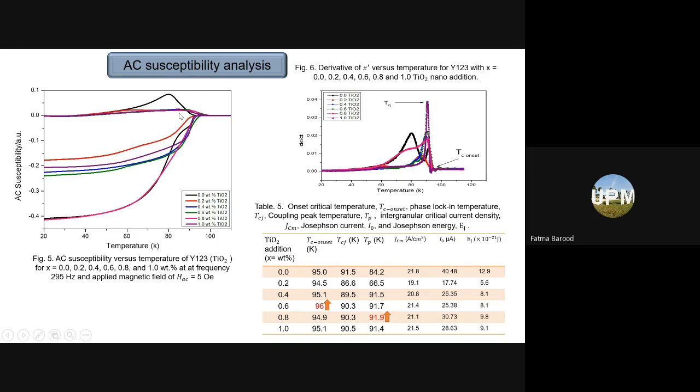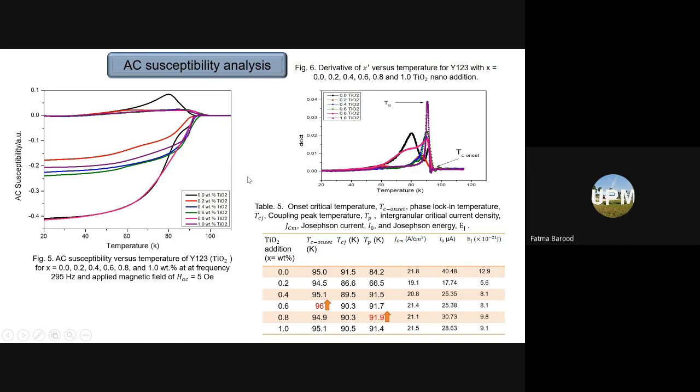From the curves, we can see the superconducting transition temperature of the grain does not change greatly with the titanium oxide addition, and the highest value was for 0.6 with 96 Kelvin. And TCG and TC onset can be determined by this graph.